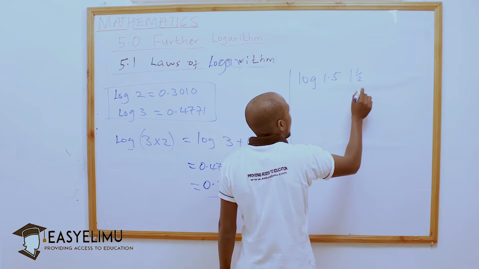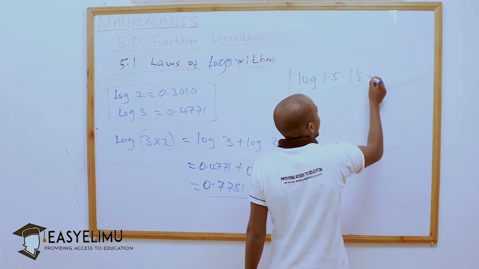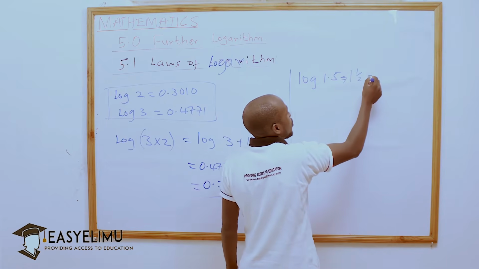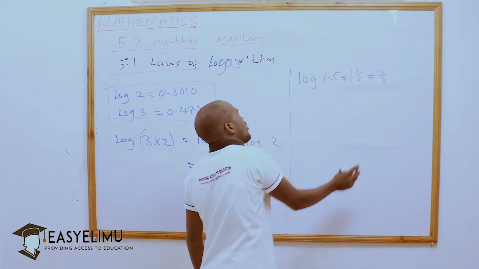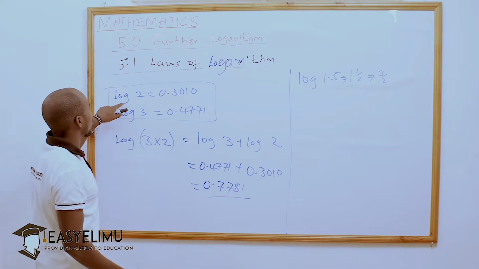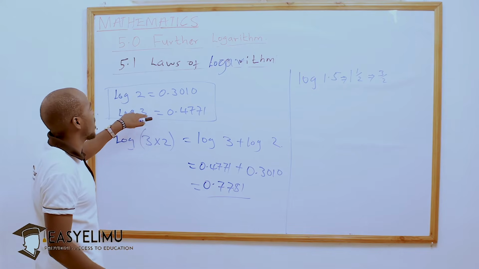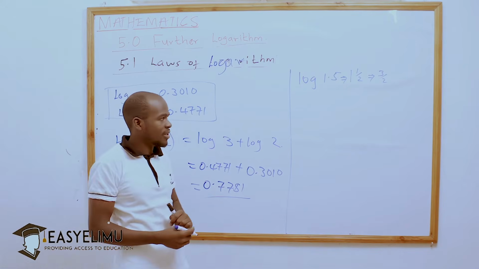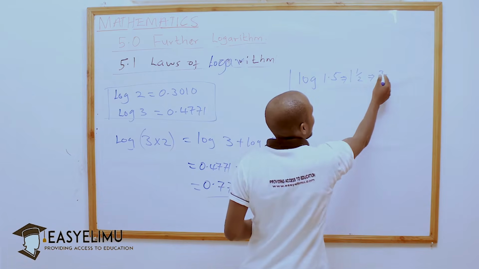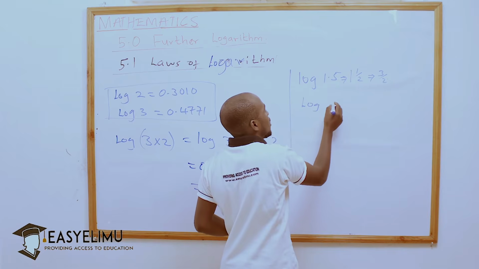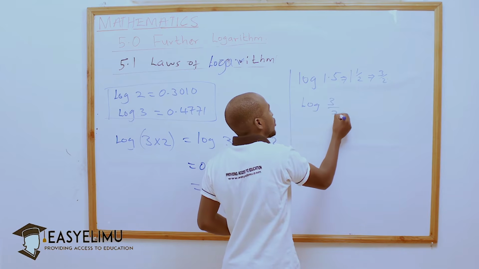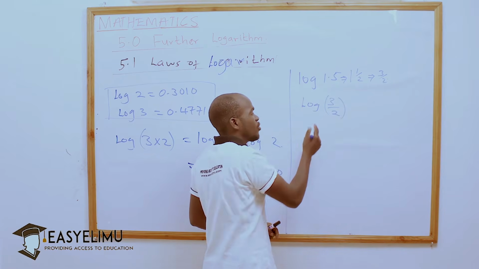As an improper fraction, this gives the same as 3 over 2. We are having 3 and we are having 2, so we can use that. And remember, this 3 over 2 is still a division. So we can find the logarithm of 3 over 2, to base 10.